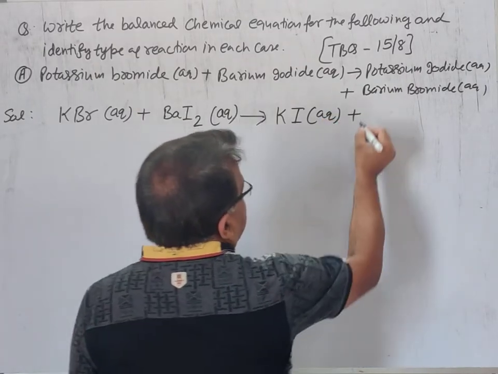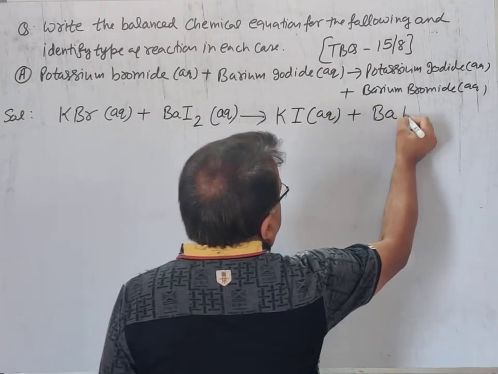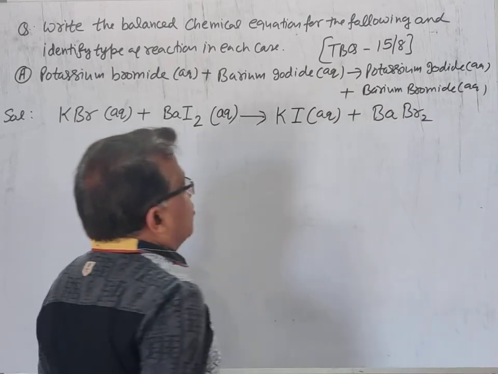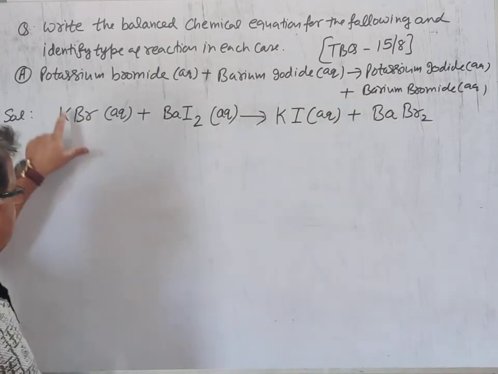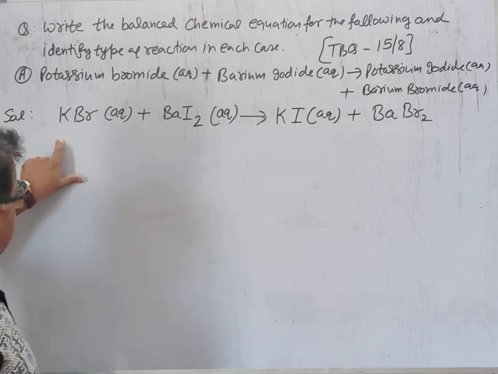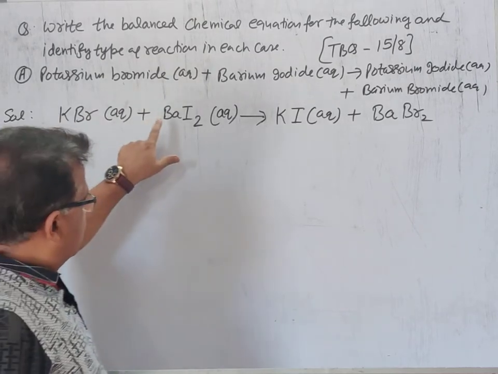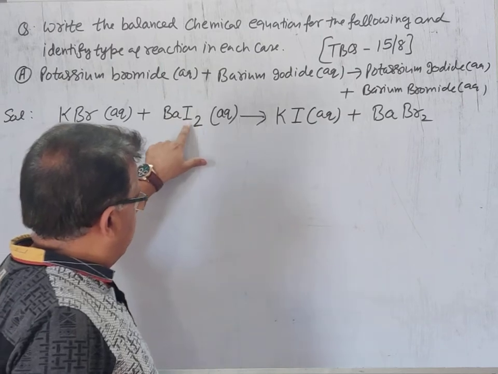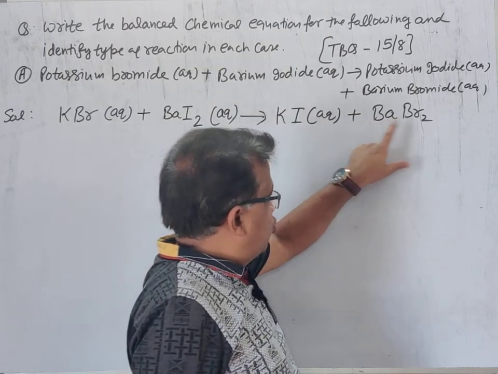Since they are given as aqueous, we write that form also. They give potassium iodide, aqueous, and barium bromide. We shall know the valencies 1 1, 2 goes with it, 1 1 1 2 1.